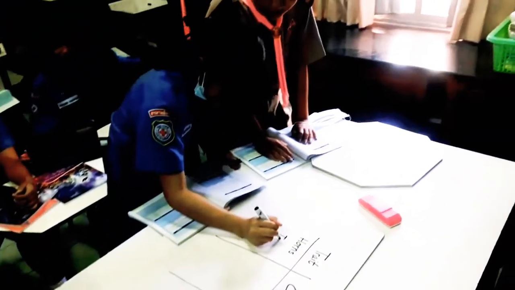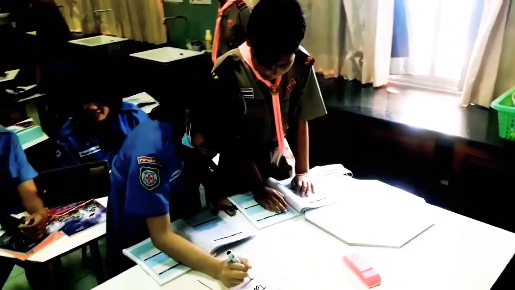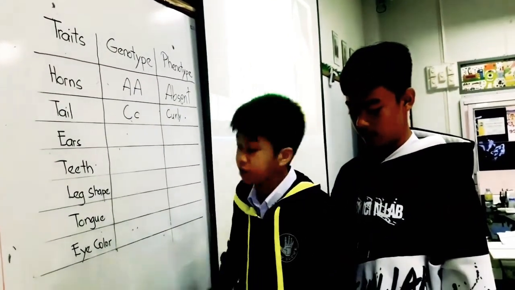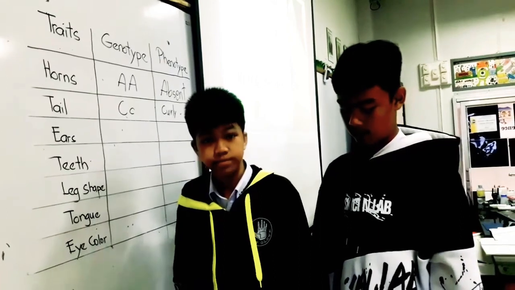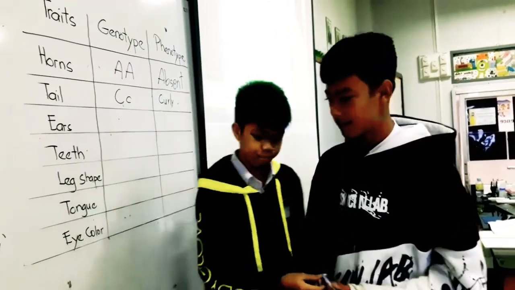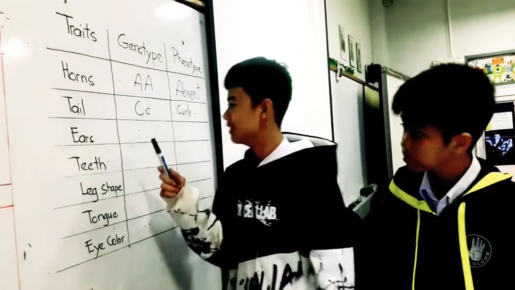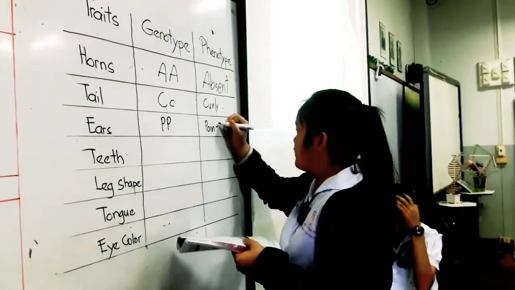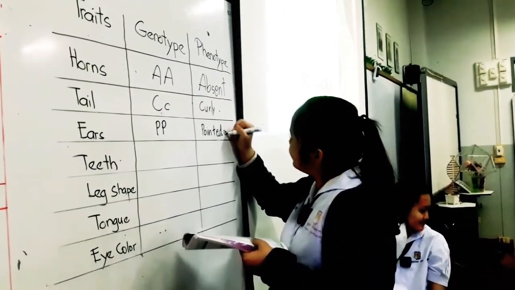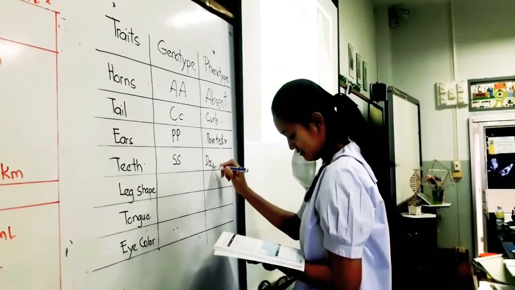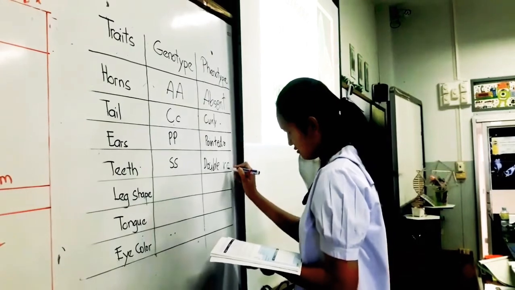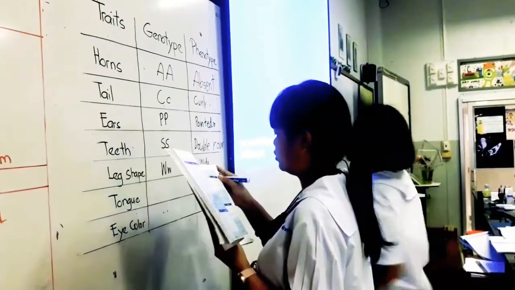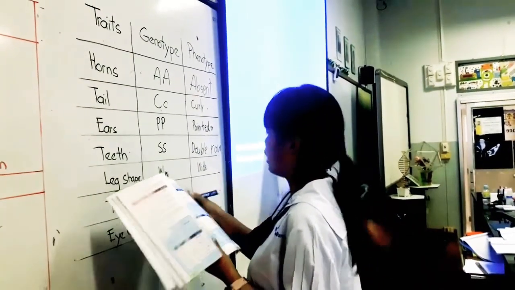So, say for example, horns are represented with letter A. Tail is represented with letter C. Ears with letter P. Teeth with letter S. Leg shape with W. Tongue with letter L. These are the representations by letters for writing genotypes.